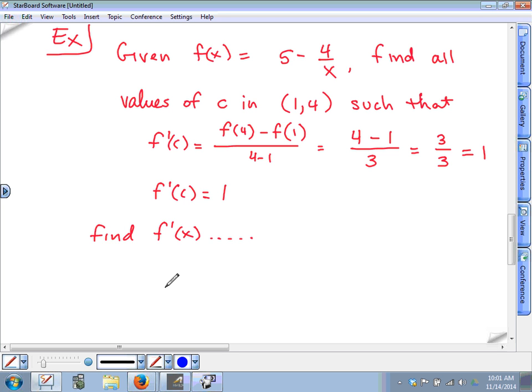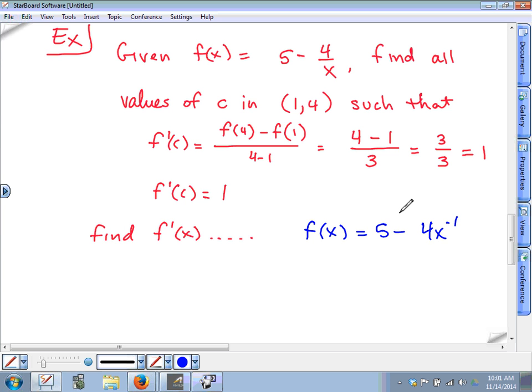Alright. Okay, so f of x, we got to find that prime. The derivative of 5 is 0. We could do the quotient rule. Easy quotient rule. You can do it however you want. If this were me, I would probably change this. It might be a little bit easier to find the derivative now.